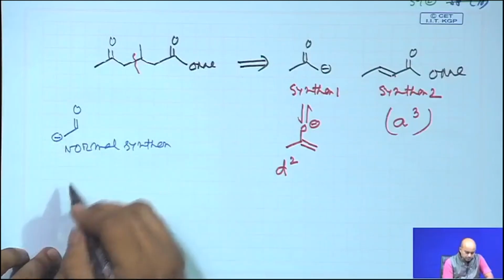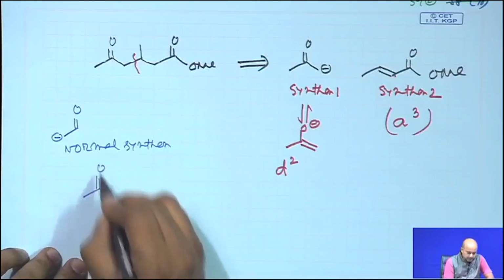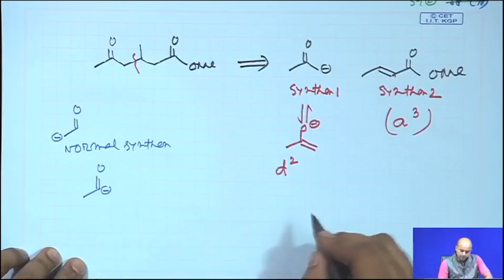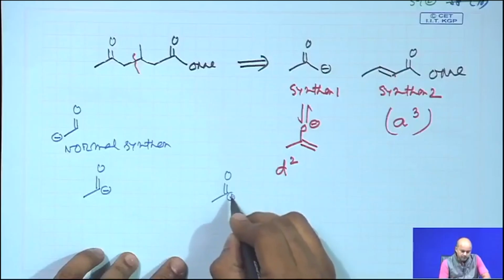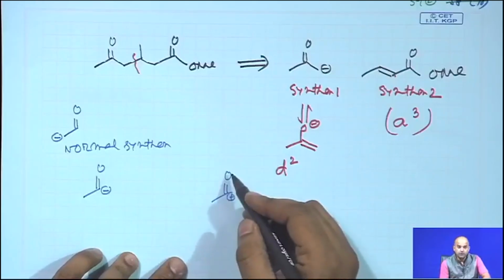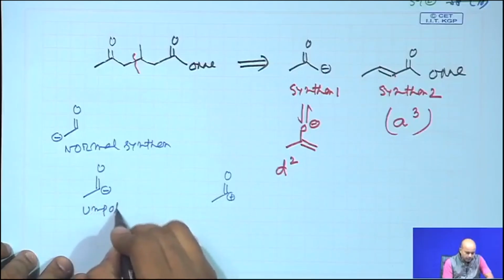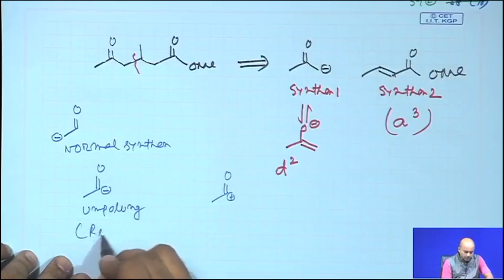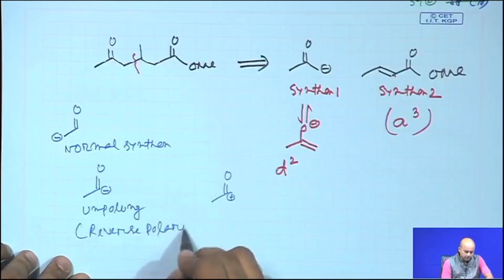Now, if you have a synthon like this, where the negative charge resides on carbon, normally carbon does not prefer this kind of charge; it always prefers the charge on oxygen, because oxygen is more electronegative. This kind of synthon, as probably all of you know, is referred to as an umpolung synthon, or reverse polarity, where the polarity has been reversed.